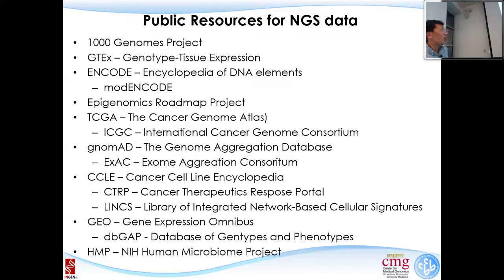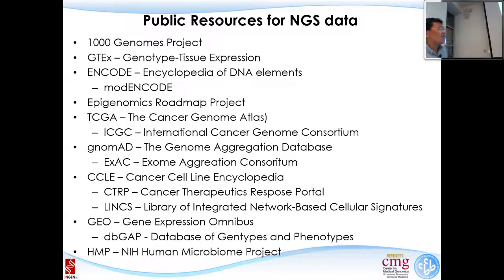Another resource we talked about is gnomAD, which is the Genome Aggregation Database. For this project, they basically collected data from many different consortiums, including the 1,000 Genomes, the Alzheimer's Disease Sequencing Project, and many others. When they collected all this information, they also reprocessed all the data using uniform pipelines and did joint variant calling across all the samples.